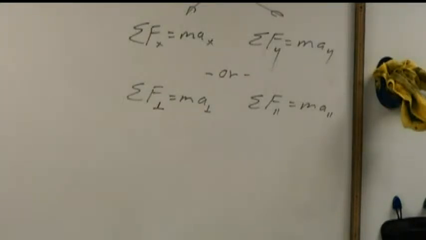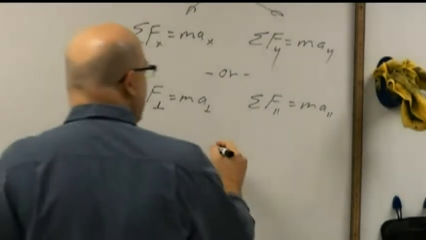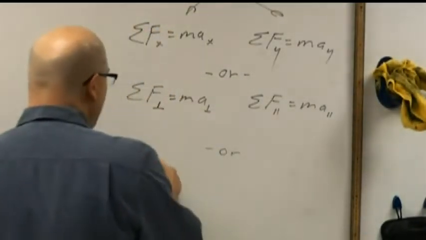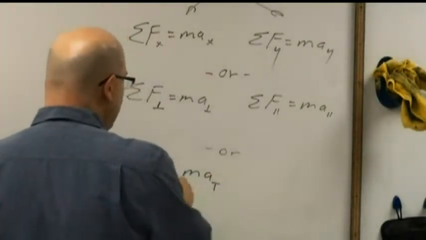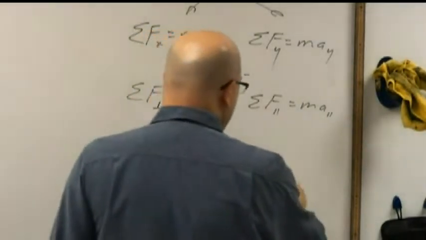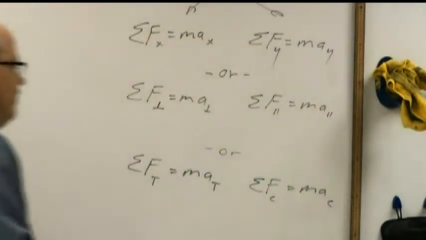Or we've got one other option now: sometimes we will have both a centripetal and a tangential acceleration. So in the most general form, we'll split it up like this: F equals ma for the tangential acceleration, and F equals ma for the centripetal direction.